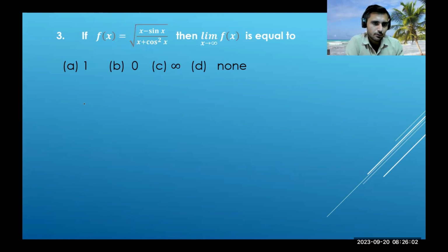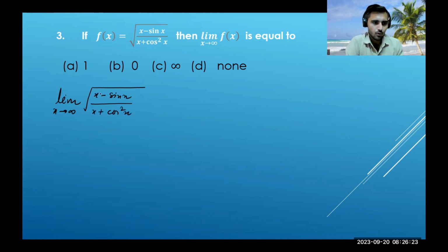So what we'll do here: limit x tends to infinity, and we have a function like that, x minus sin x upon x plus cos square x. So what we'll do first is take x common here.